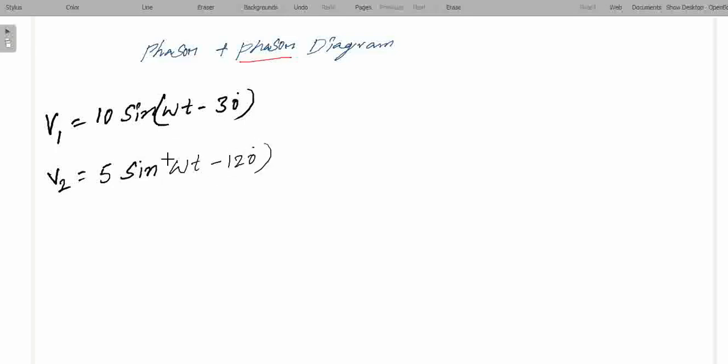If you observe here, the angles are minus 30 degrees and minus 120 degrees. Let us draw a phasor diagram for this. Let us draw for V1. The length is 10 and the angle is 30.